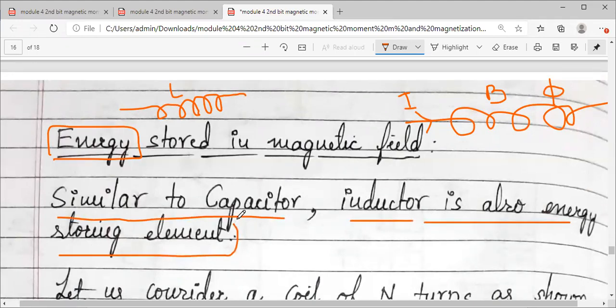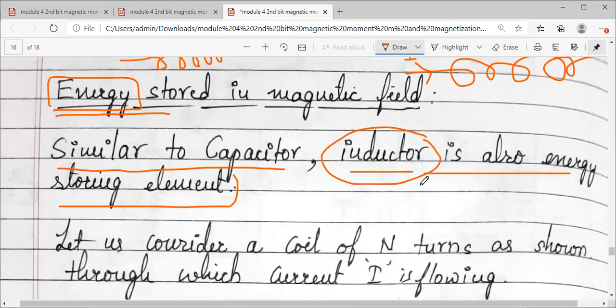Capacitor, what do you use it for? Charging and discharging, right? It stores energy. Similarly, when we come across magnetic circuits, the inductor is one such component which will store energy. So whenever we talk about energy in the magnetic field, the inductor will come into the picture.